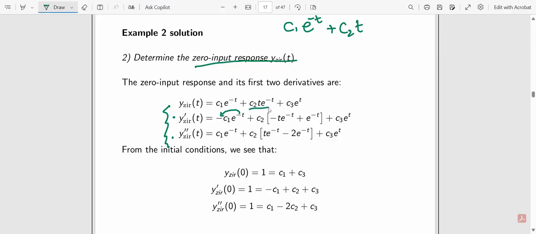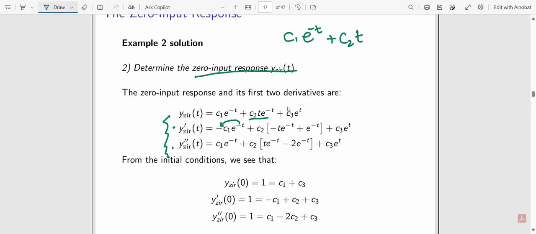But here, as it is a product, you will use the product rule of derivation. So we can have c2, with the minus sign here, so minus t e raised to the power minus t plus the second part, e raised to the power minus t.